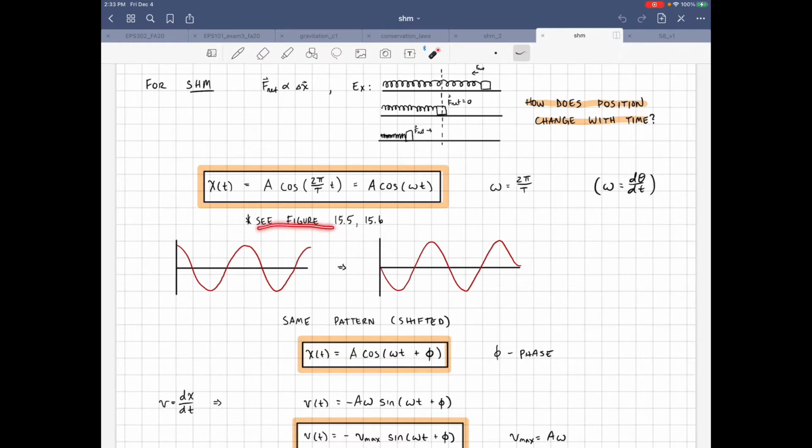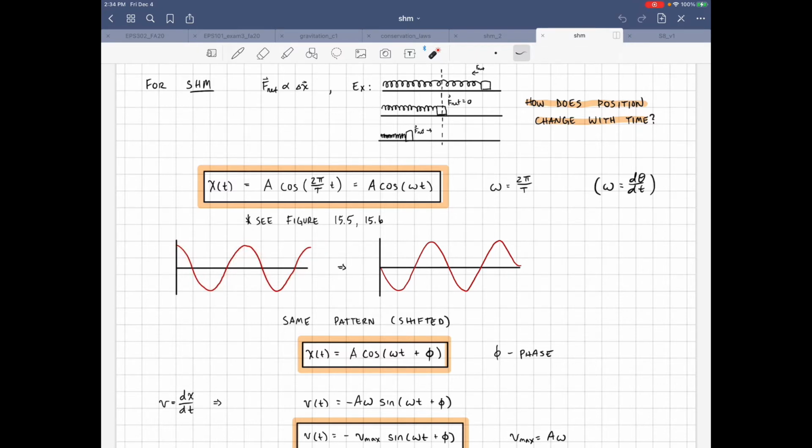A few better figures to check out in the book are 15.5 and 15.6. If you were to plot the position as a function of time for this motion, you would end up getting something that looks like this. So this is basically the cosine function.